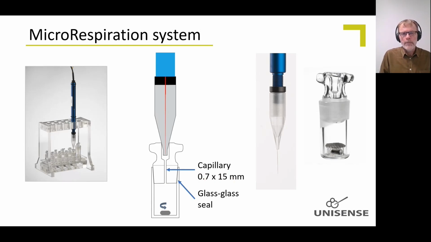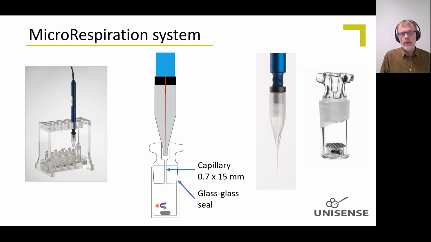And this narrow capillary is so narrow that there's no convection, so there's no transport of water through this channel. There can, of course, be diffusion through the channel, but because of the 15 millimeters length and the very small cross section of this channel, the exchange of solutes through this is so low that you cannot see it.